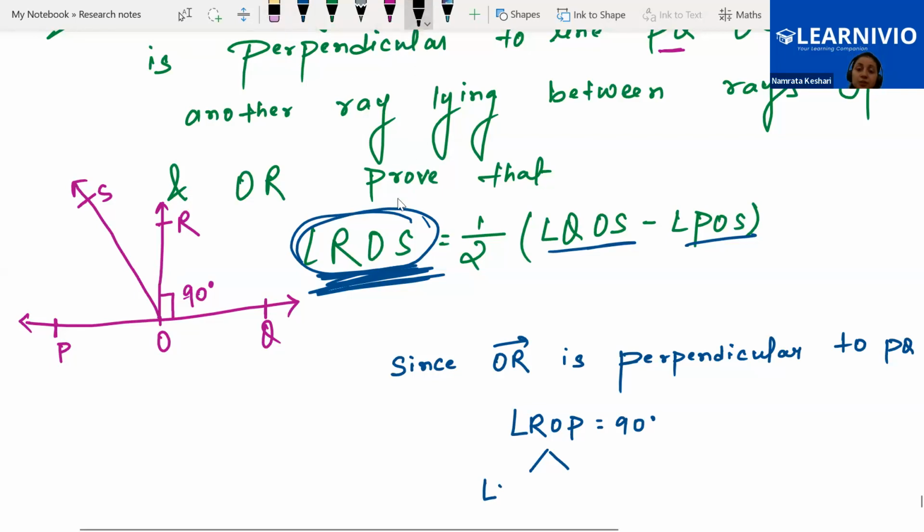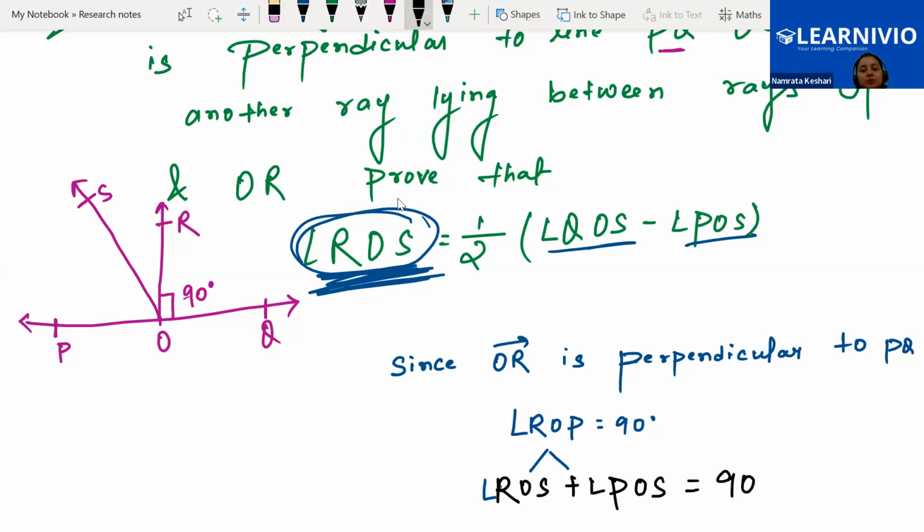Farhan, you were saying something, please continue. Can we write ROP as angle ROS plus angle POS? Why did we do so? Because these two angles are sitting in the proof part, so maybe it will help us.